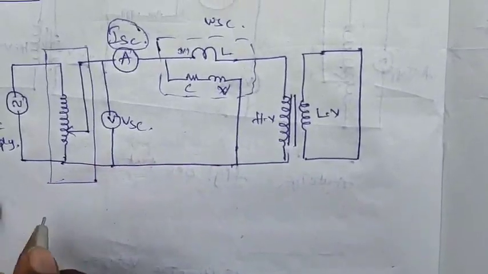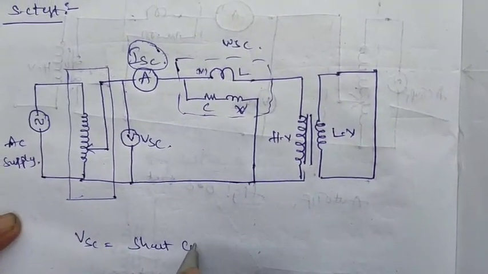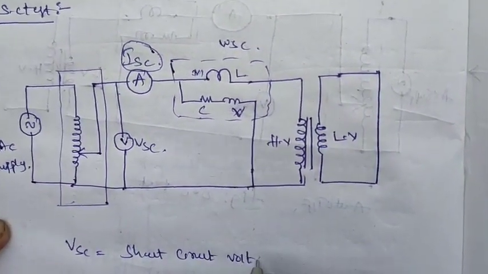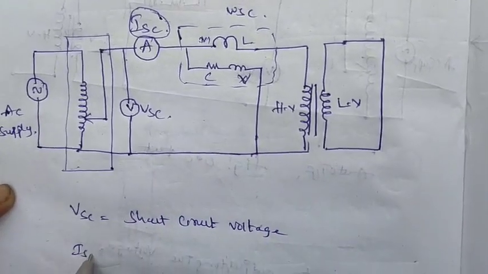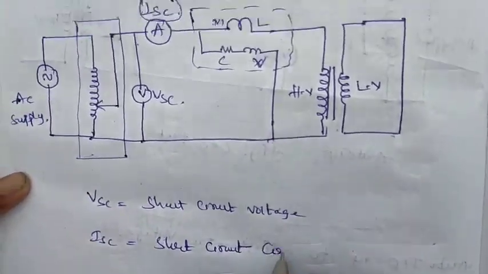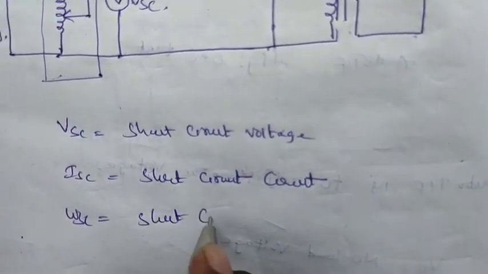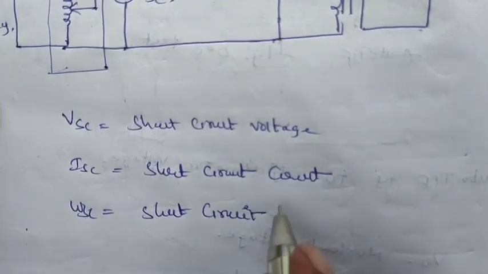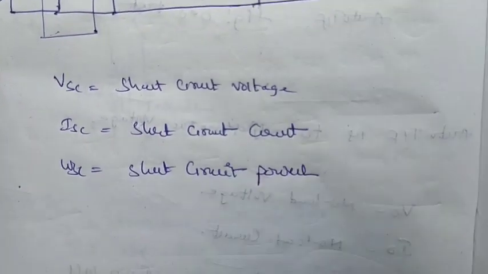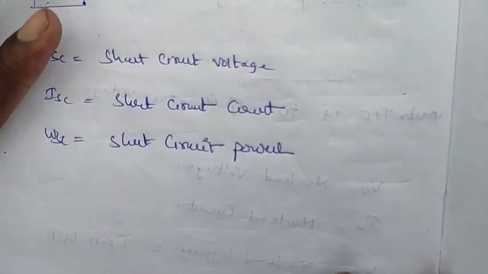So the readings can be taken: Vsc equal to short circuit voltage, Isc equal to short circuit current, Wsc equal to short circuit power. These three are the readings.